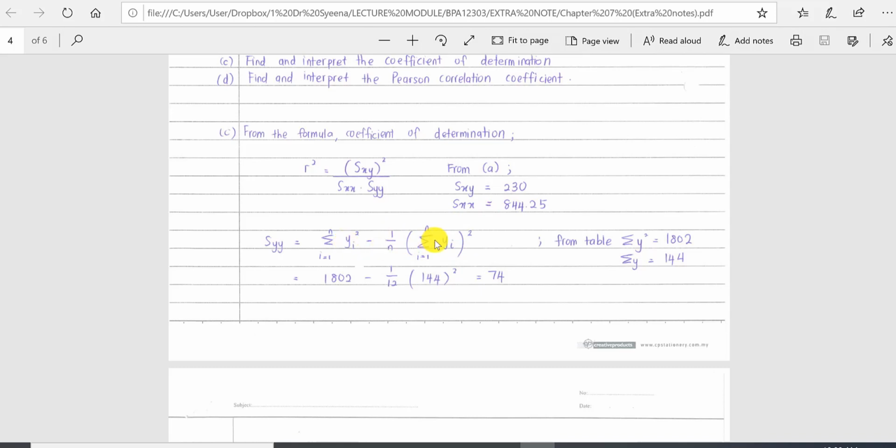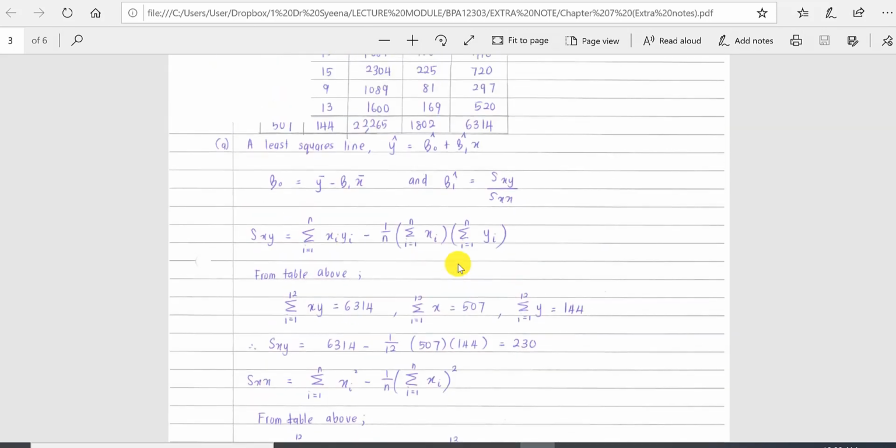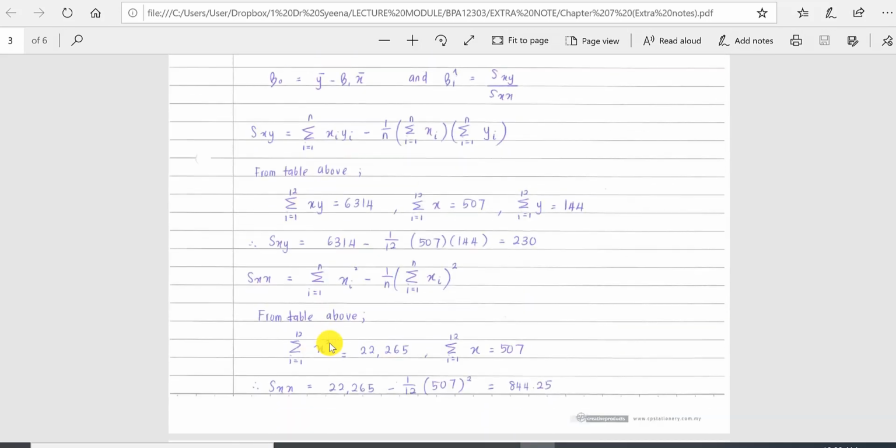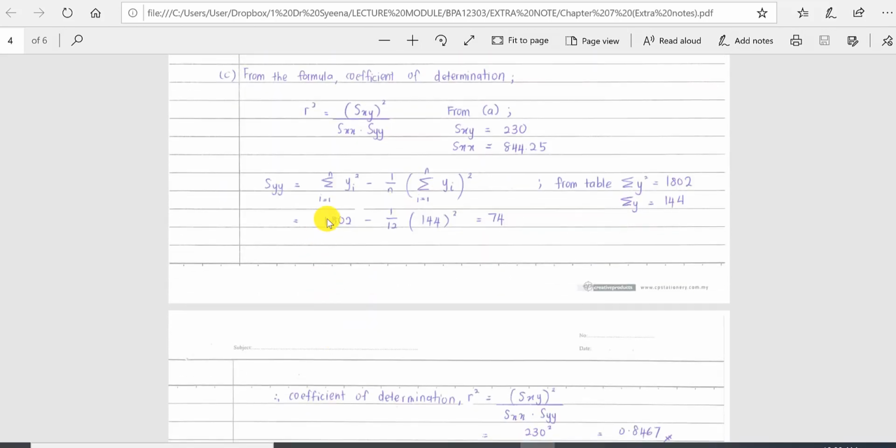The summation of y square is 1802 and the summation of y is 144. So we substitute into this formula. We have 1802 minus, our n is equal to 12, so 1 over 12, and our summation of y is 144. But please do not forget to square. Then we get is equal to 74.